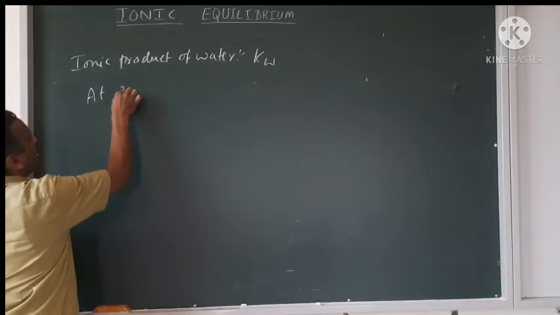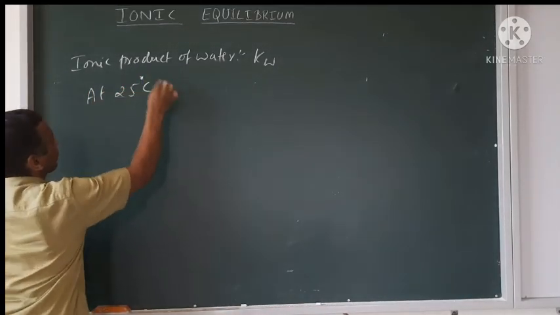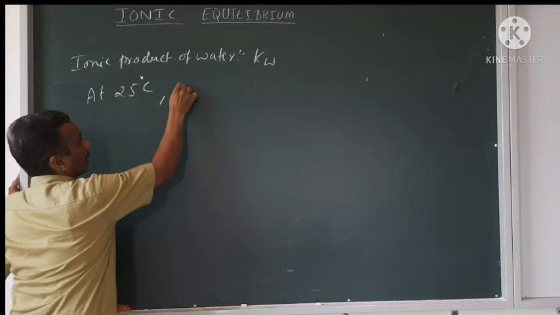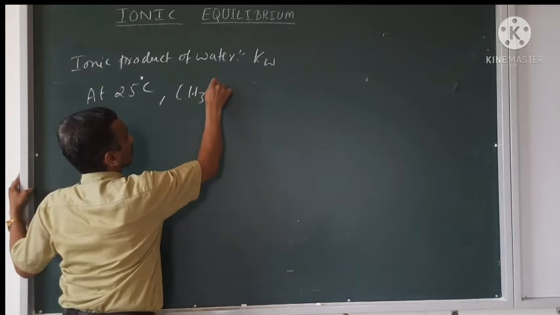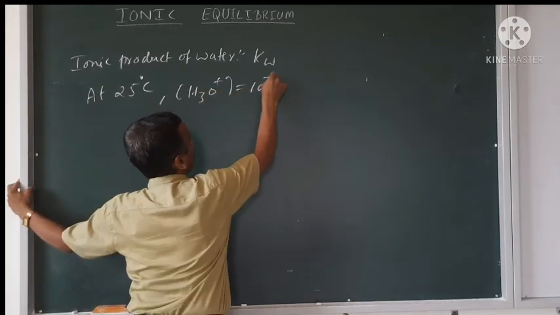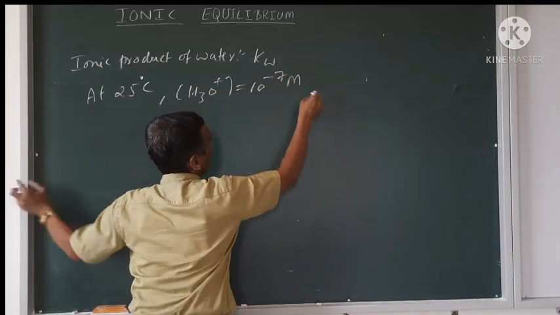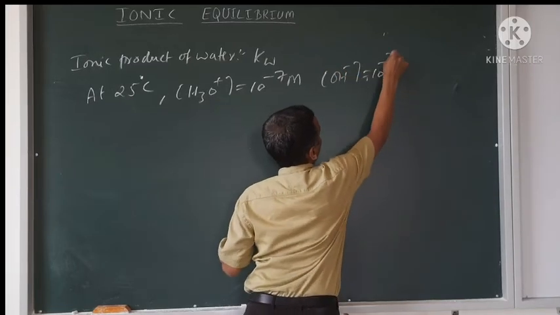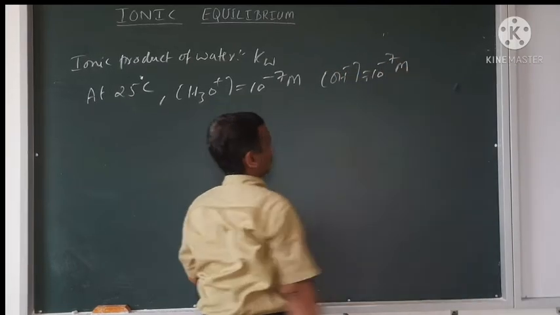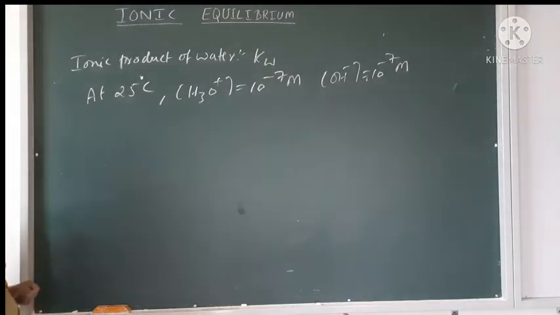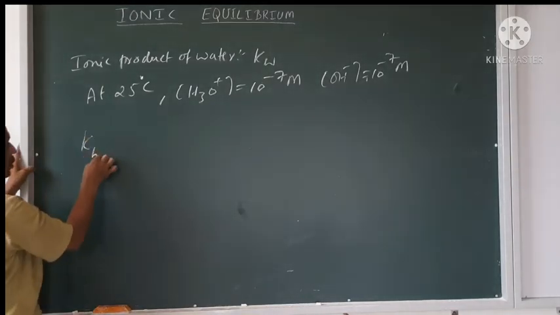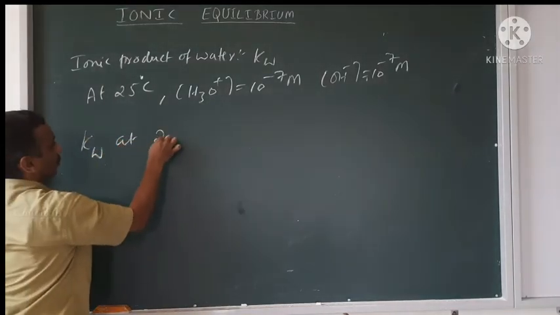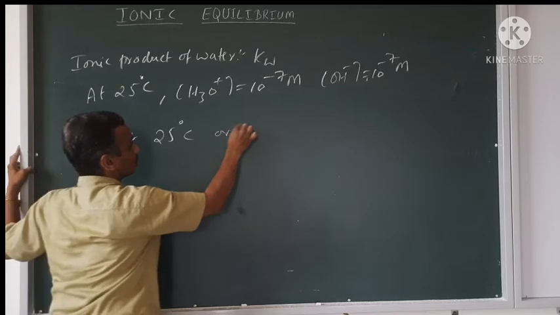At 25 degrees Celsius, H3O plus concentration is equal to 10 to the power minus 7 molar. OH minus concentration is equal to 10 to the power minus 7 molar. So what is the value of Kw at 25 degrees Celsius or 298 Kelvin?